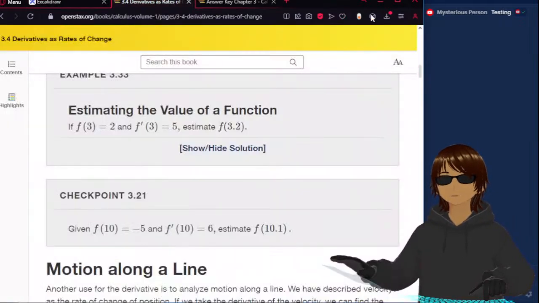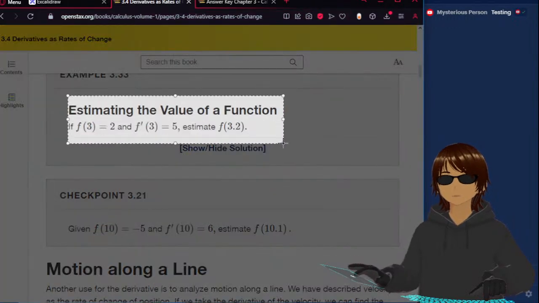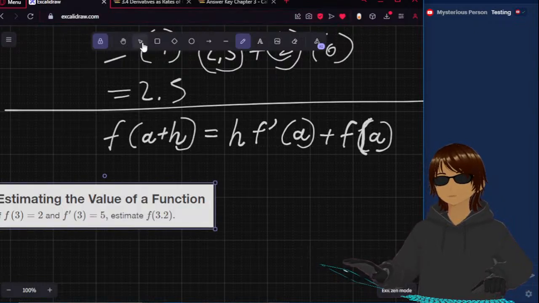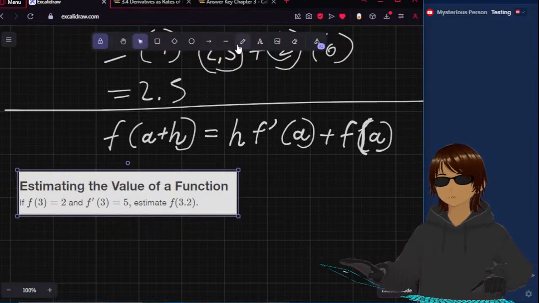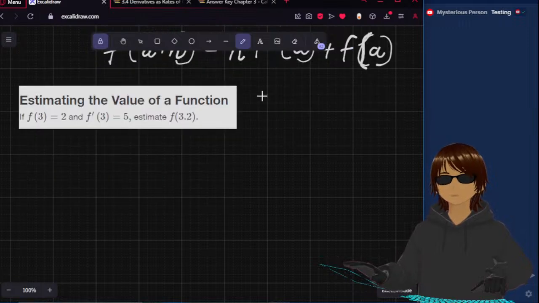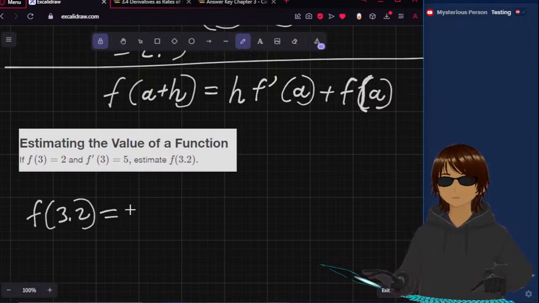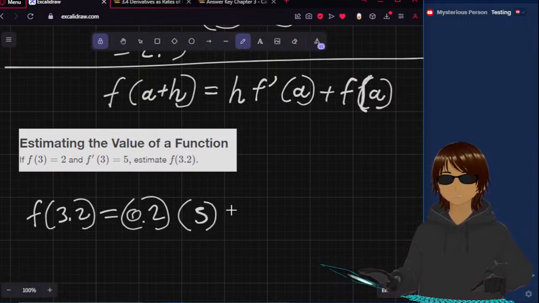So, hold on. So using the above formula, I can say f of 3.2 is 0.2 times 5 plus 2.